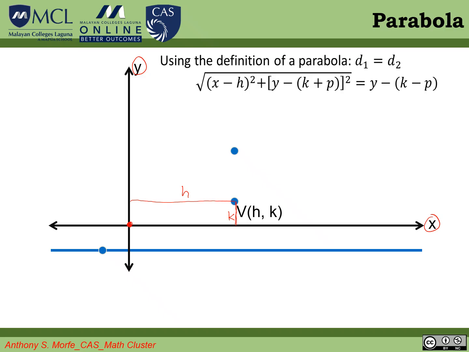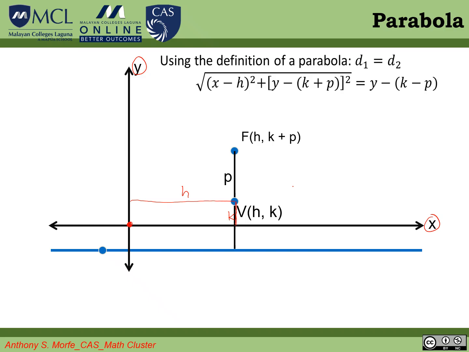And if we let the distance between the vertex and the focus be p, so let's consider this distance as p, then the coordinates of the focus F, if you look at this point, class, it is on the same line as the vertex.